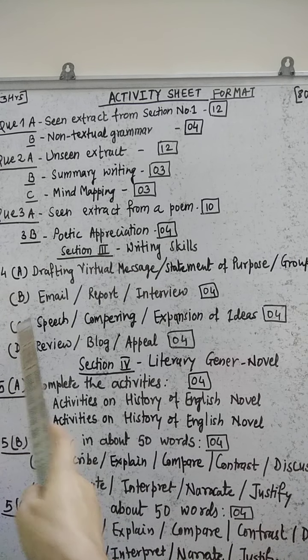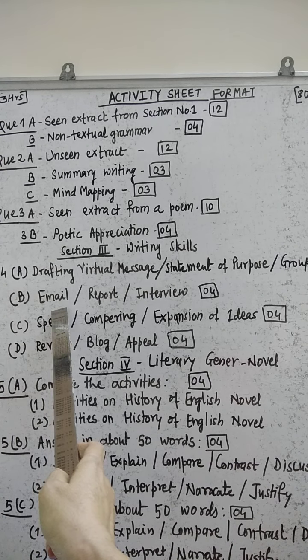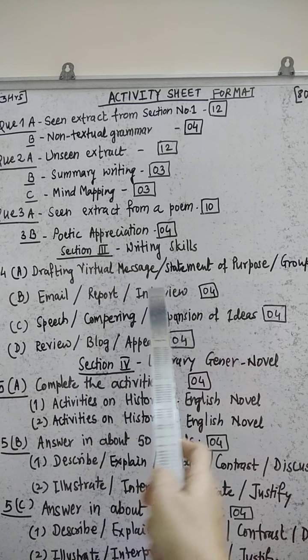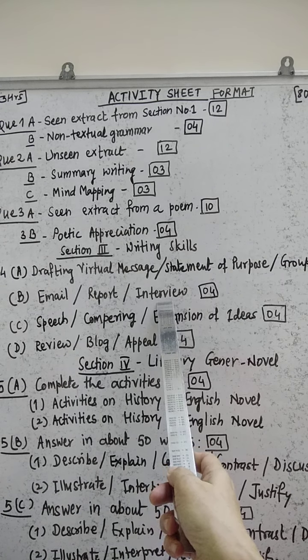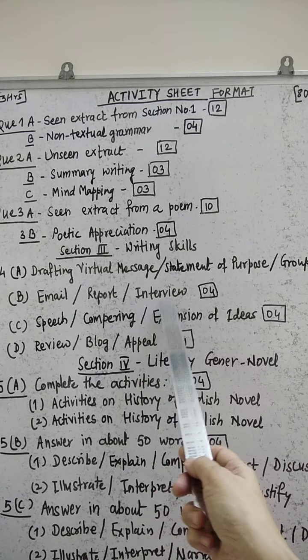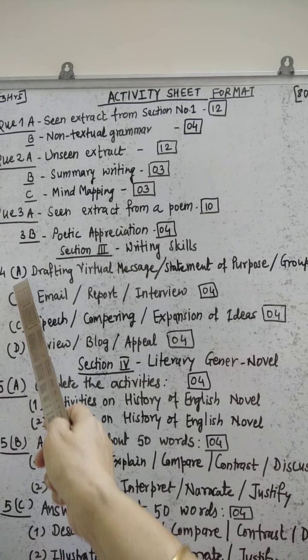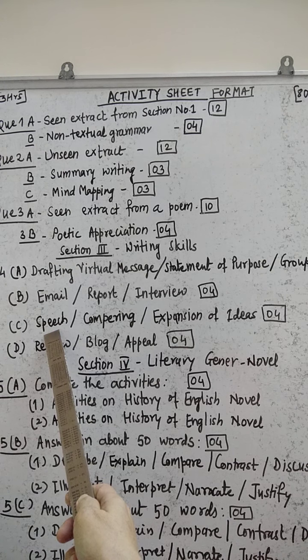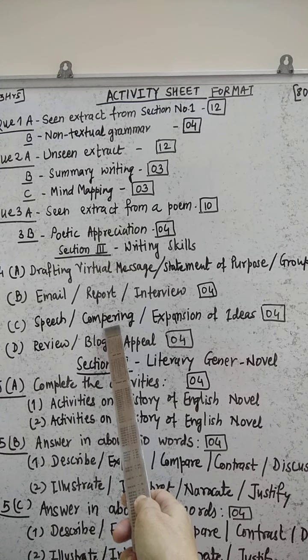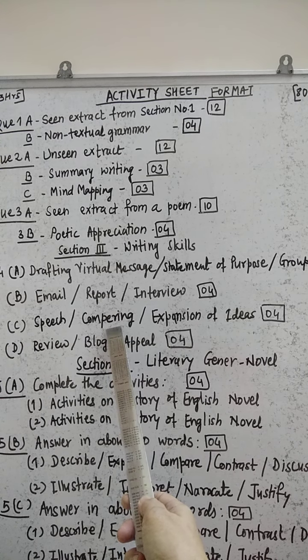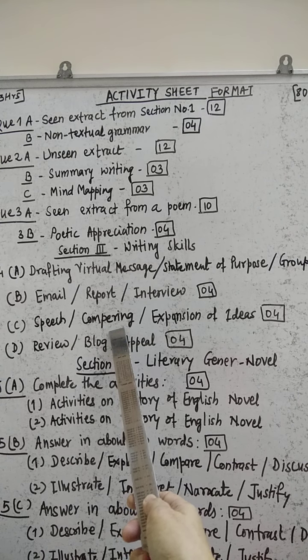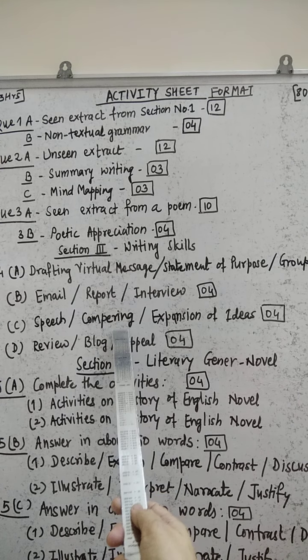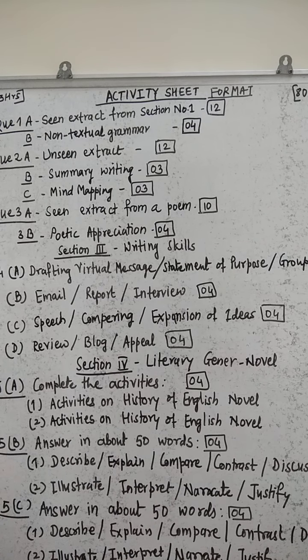4B deals with writing an email or a report or conducting an interview. Question 4C is based on speech writing or expansion of ideas, or preparing a script for compering a program.